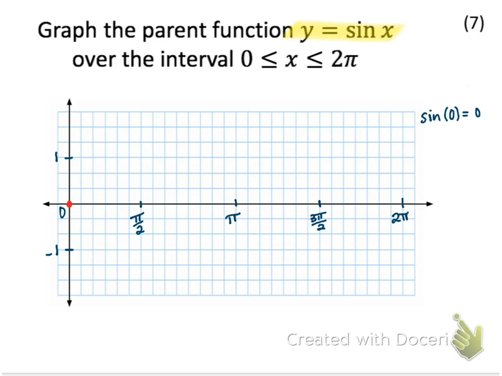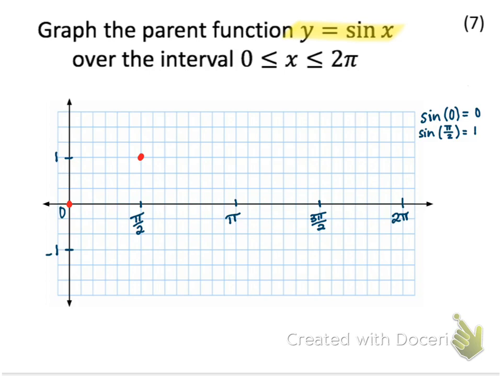Next, let's evaluate sine at pi over 2. We can find pi over 2 on our unit circle, which is equivalent to 90 degrees. The y value of that coordinate point is 1, so sine of pi over 2 is equal to 1. So we can plot the coordinate point pi over 2, 1.